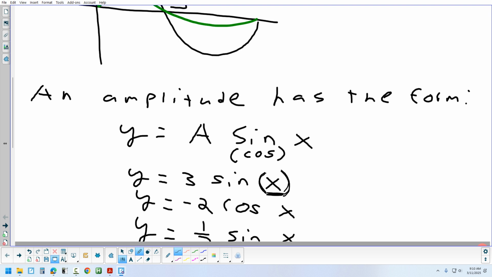Depending on what you do, there are 2 different vertical transformations. The first one we're learning is multiplying by a number in front. If you put a 3 in front, it would do exactly what you would expect. It would make the wave 3 times as big. Let me show you a quick sketch.